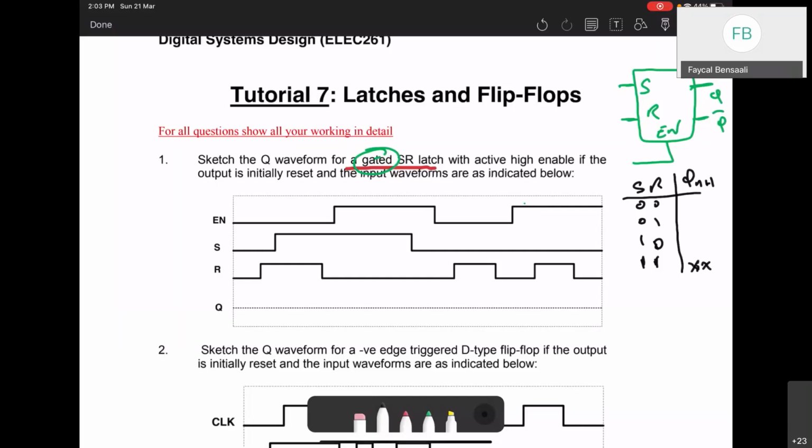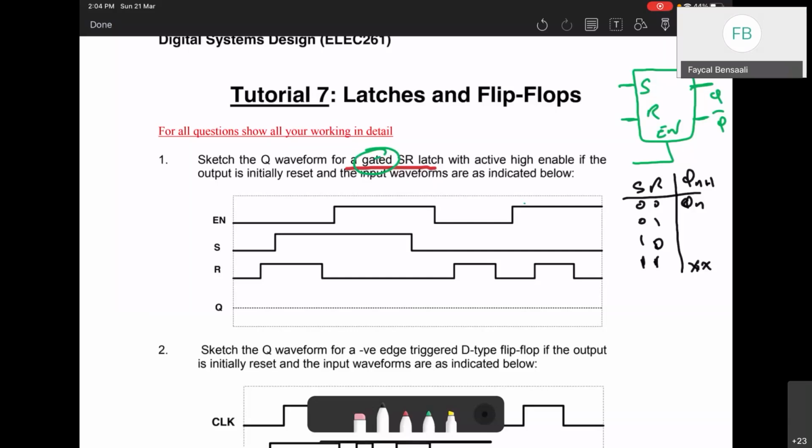For 0, 0, there is no change, so we should get Qn. If Q was 0, it stays 0. If it was 1, it stays 1. No change, basically; the output doesn't change. And then 0, 1 and 1, 0 are set and reset.